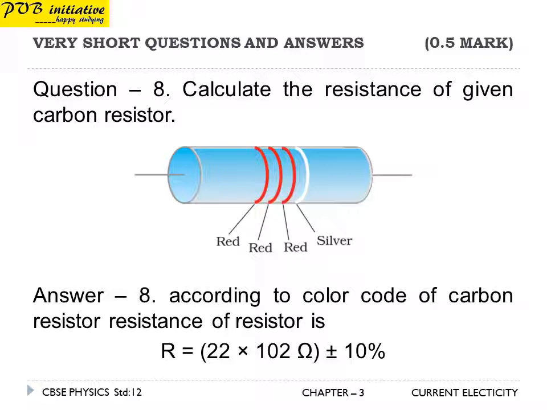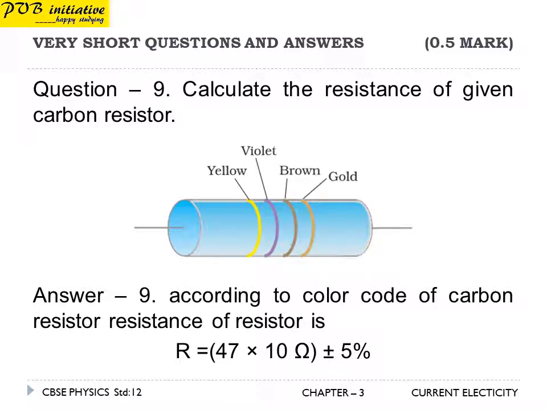The third line gives the power of 10, which is 10 to the power 2, and the last silver line gives the percentage tolerance. Silver is 10%, so R is equal to 22 into 10 to the power 2 ohms plus or minus 10%. This 10% gives the error, plus or minus, in the given resistor.